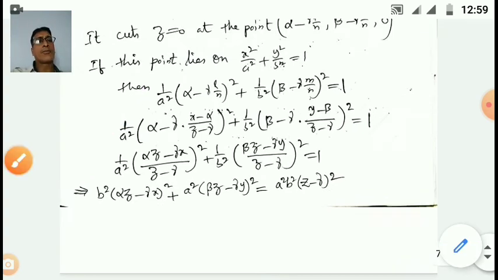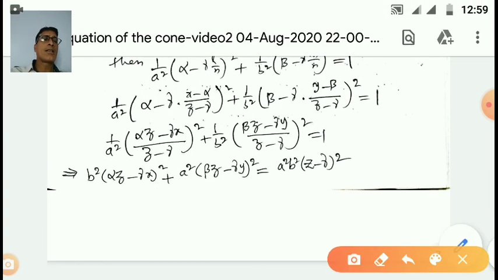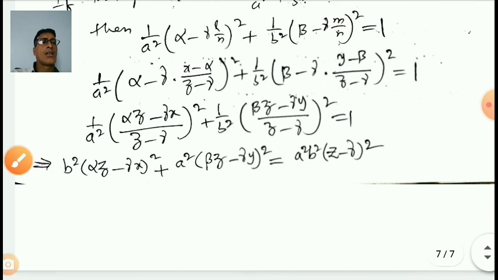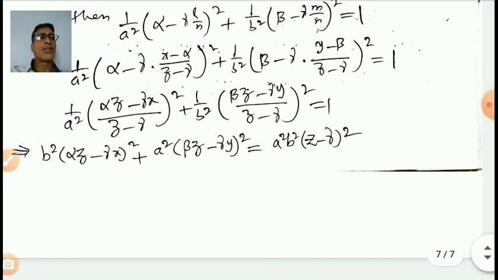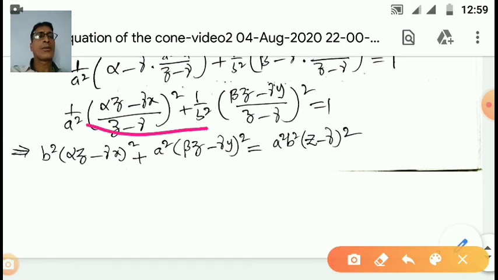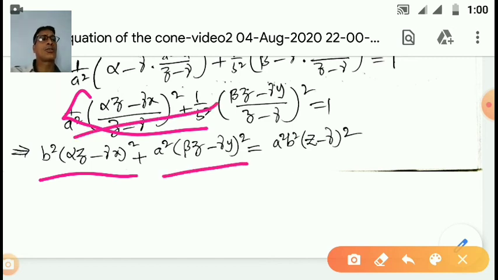On simplification, finally we will get 1 by a square into this is equal to 1 by b square into this whole square is equal to 1. So on taking LCM and shifting the denominator to the right side, we will get b square into alpha z minus gamma x whole square plus a square into beta z minus gamma y whole square is equal to a square b square into z minus gamma whole square.